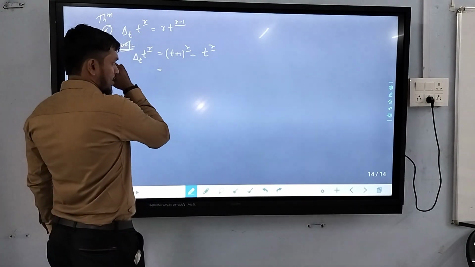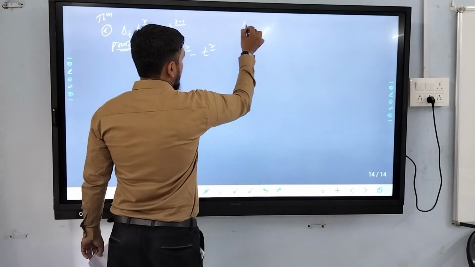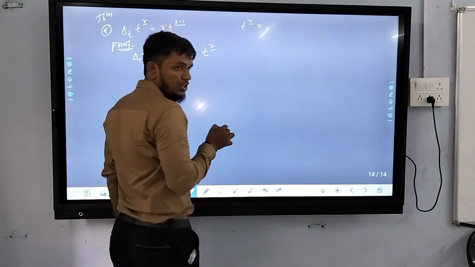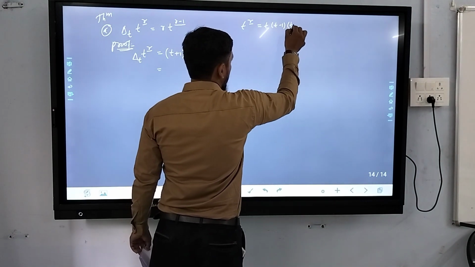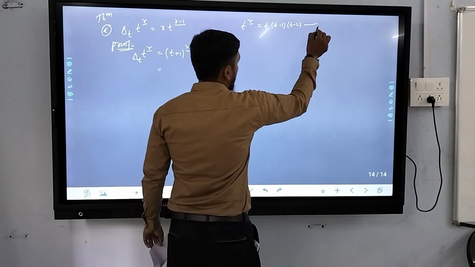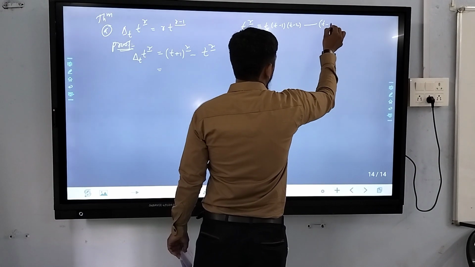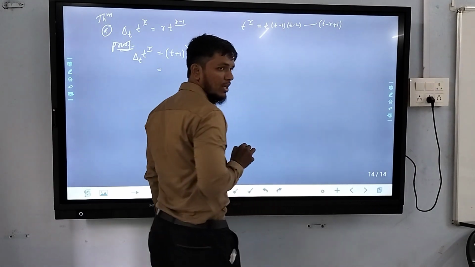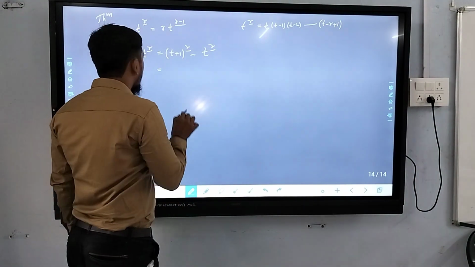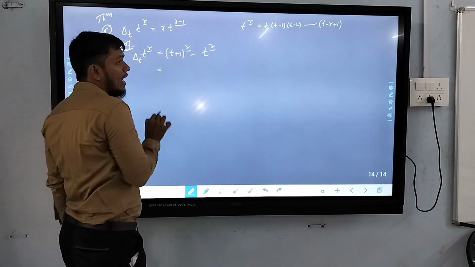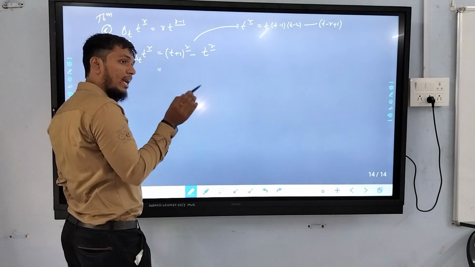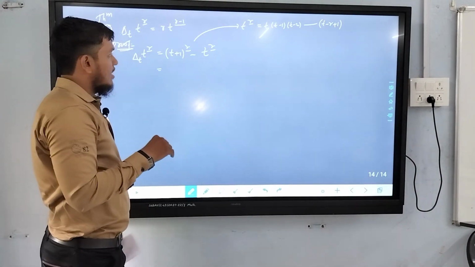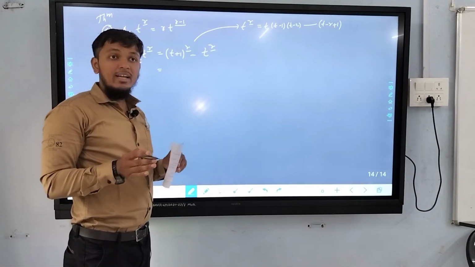Now we know what t to the r falling is for r a positive integer: it is nothing but t, t minus 1, t minus 2, and so on up to t minus r plus 1. So if you want to find t plus 1 to the r falling, in the same definition we have to replace t by t plus 1.